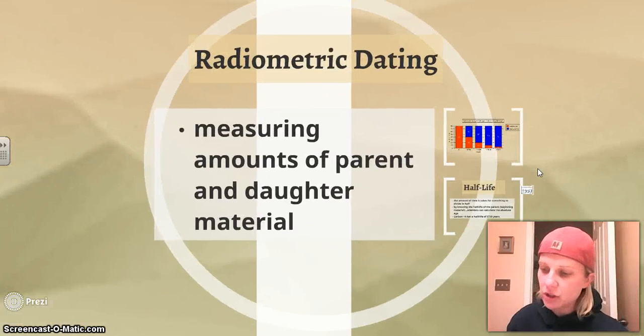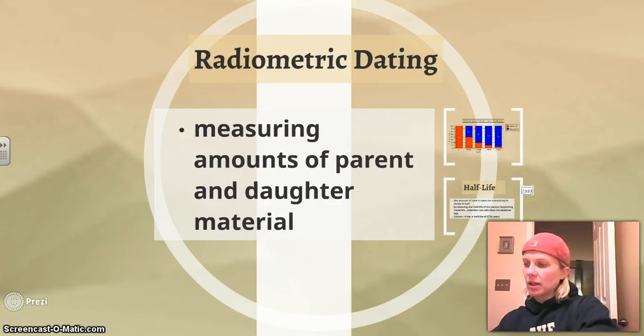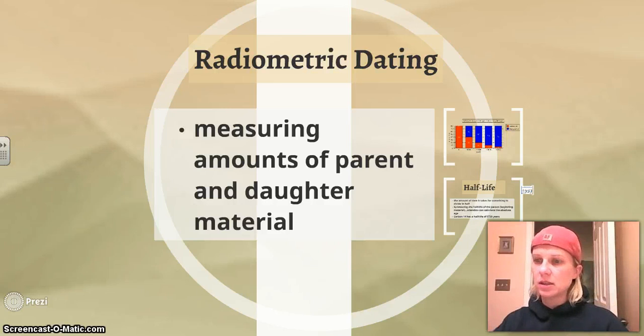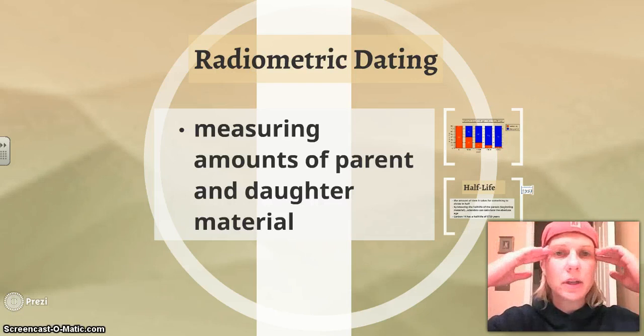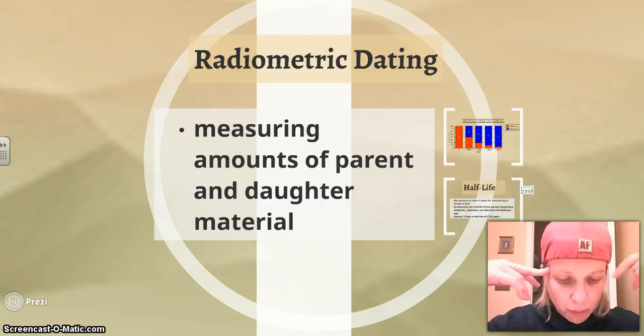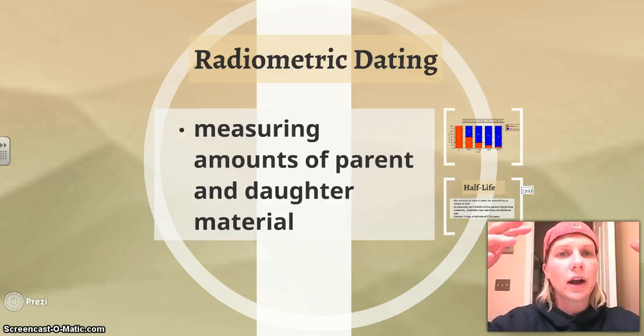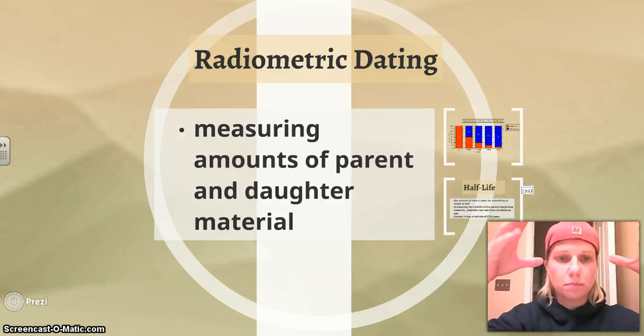So, how do we determine it? Well, we use something called radiometric dating. Basically, what radiometric dating is, it's measuring an amount of material in the rock. Okay, so there are atoms, which we'll get into in chemistry, but there are atoms present in the rock, and the rock starts off with a certain number of those atoms.